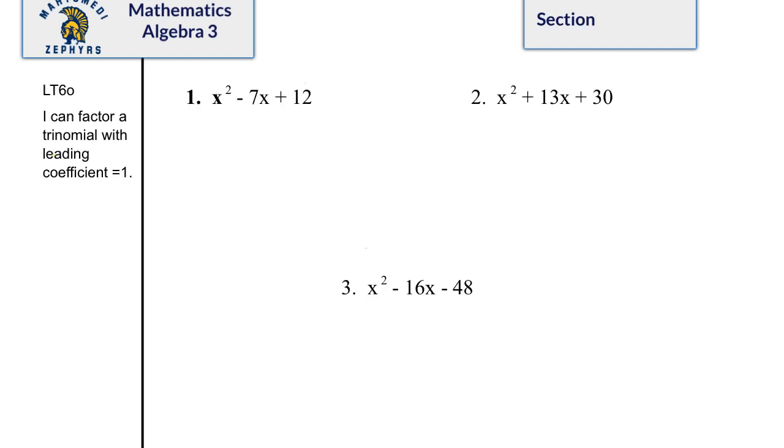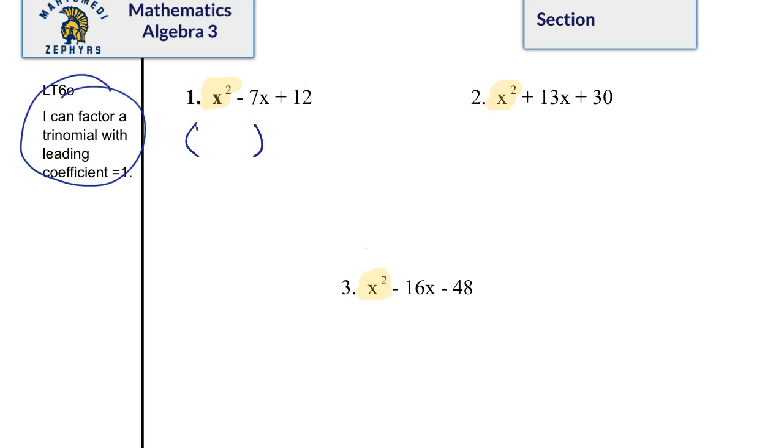All right, we are going to start out with our learning target. I can factor a trinomial with a leading coefficient of 1. So if you notice on all three of these problems, the first term is 1x squared. The coefficient is 1.